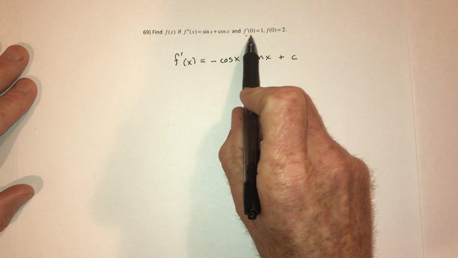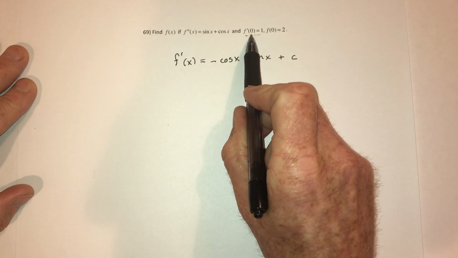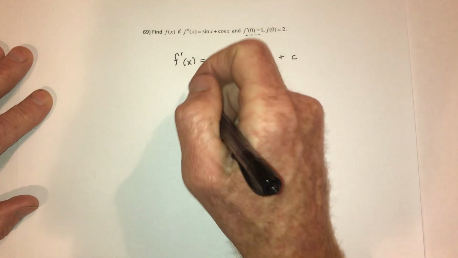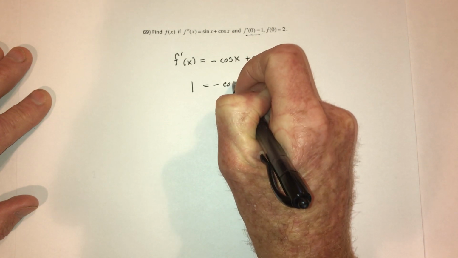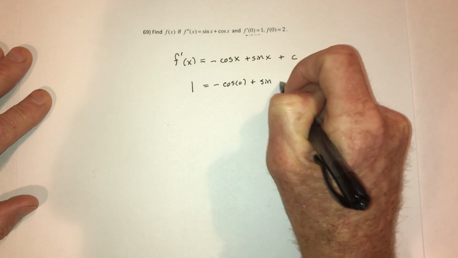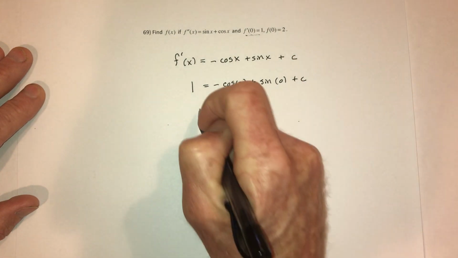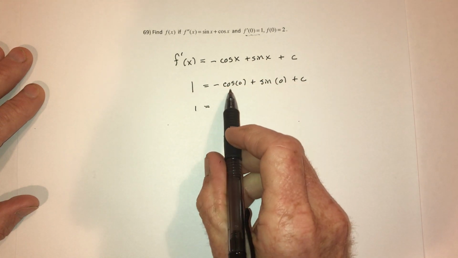Now this part right here, that's how you find out what the c equals. So plug in x equals 0, and the derivative will equal 1. So this side will be 1, and then plug in x is 0. And then we'll be able to solve for c. So cosine of 0, that's equal to a 1.